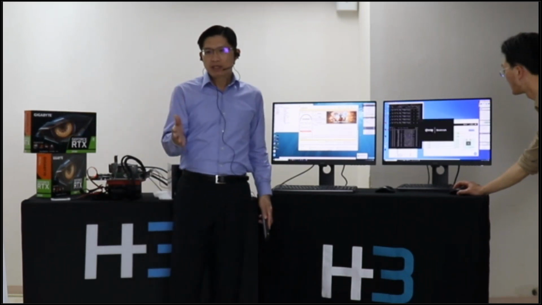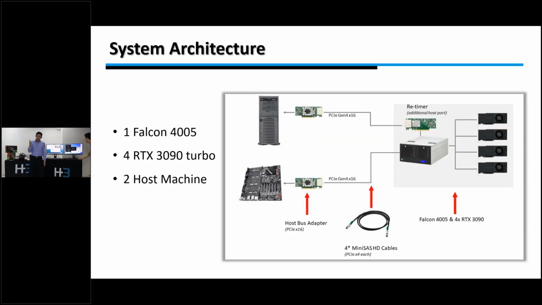We have 1 Gigabyte workstation and 1 Supermicro server. Our host adapter is installed in each host. In this Falcon 4005, 4 RTX are installed. The servers and the Falcon 4005 are connected by mini SAS HD cables.